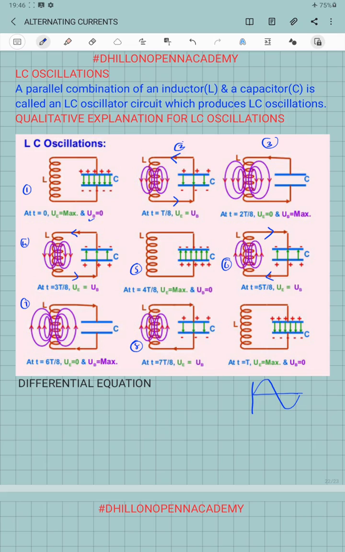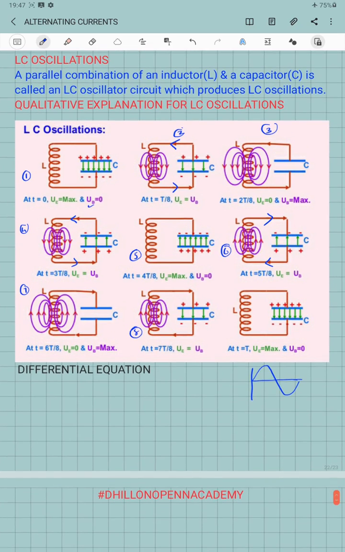In this way, the energy can be shuffled between the inductor and capacitor to produce the LC oscillations. We can also describe the same thing with the help of a differential equation to find out the frequency of the oscillations produced in this case.